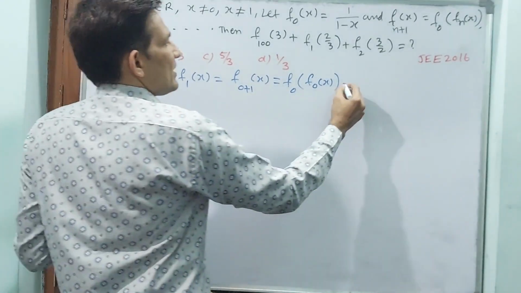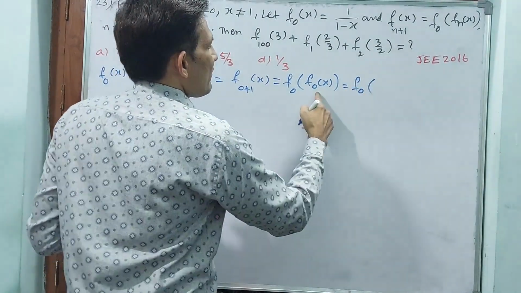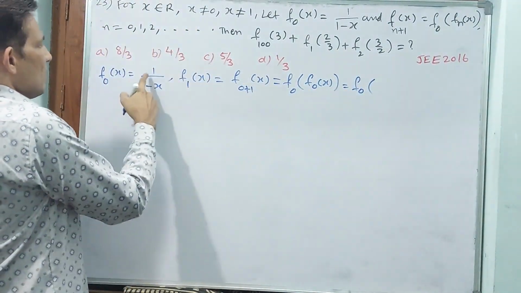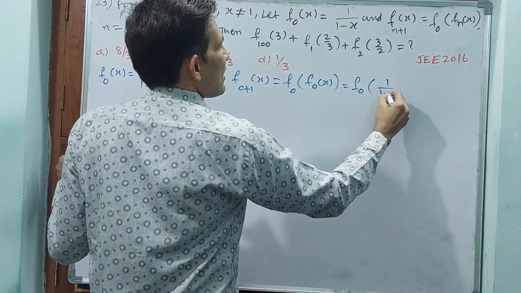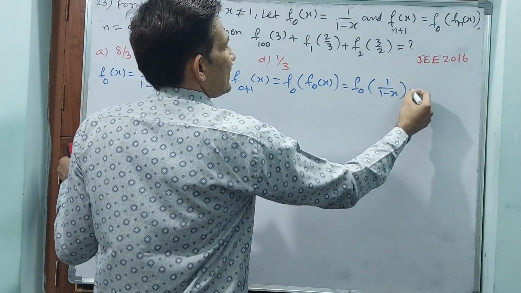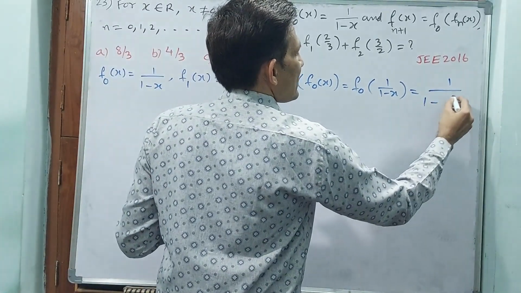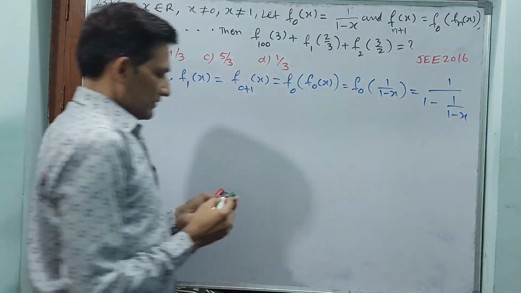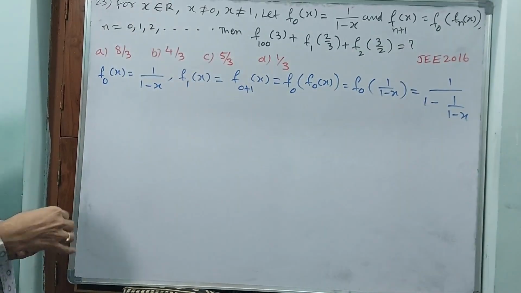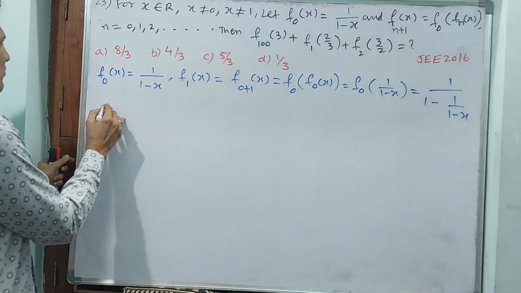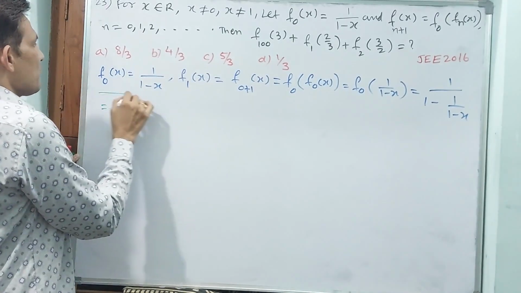Okay, see, that is equal to f0 of x, which is how much? 1 by 1 minus x. 1 by 1 minus x, that is equal to 1 by 1 minus 1 by 1 minus x. Understand the logic? Okay, then proceed. That is equal to, see, this I am keeping in one box. Why?